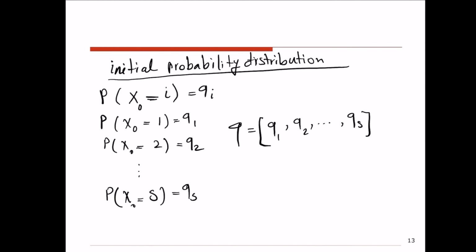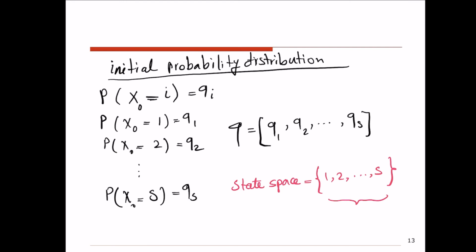So vector Q basically shows the chance that we are at any one of those possible states. Remember, for a typical stochastic system, I set up the state space, the set of all possible values that the state variable can get. I'm going to show it by 1, 2, all the way to S, meaning that in this system the state can get S possible values over time.